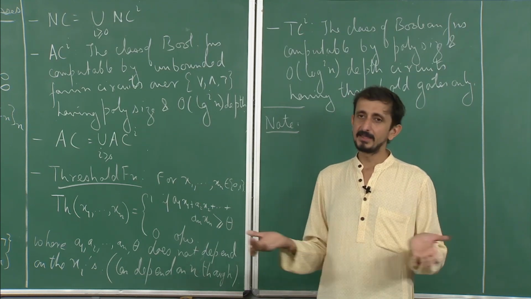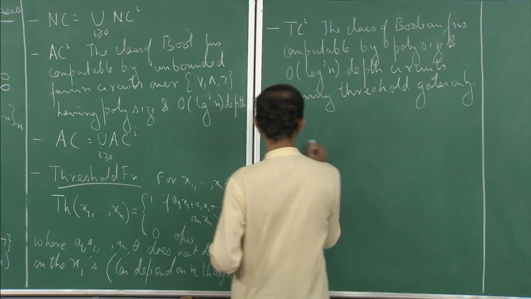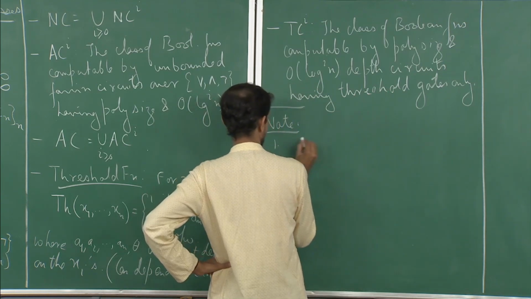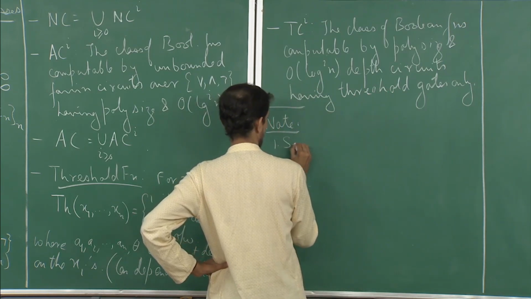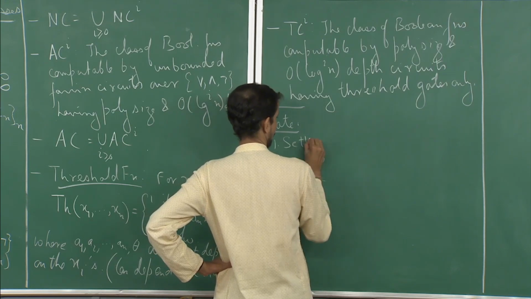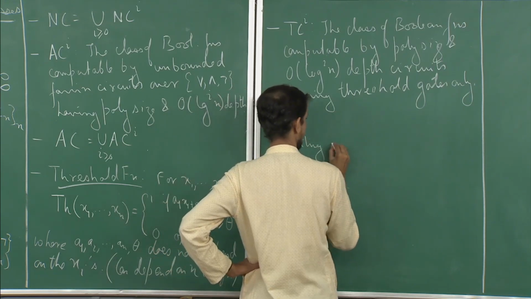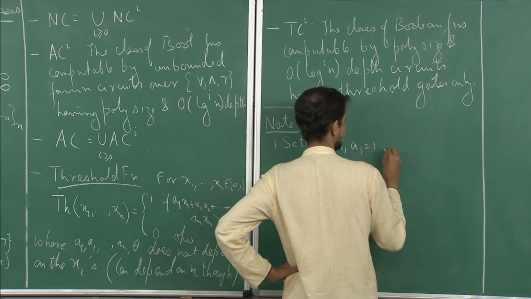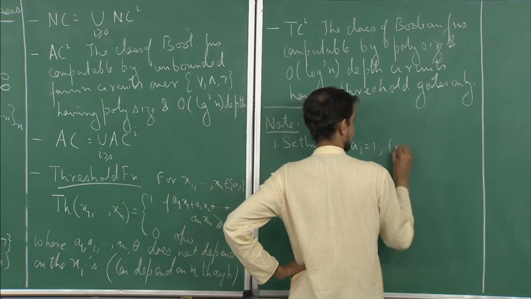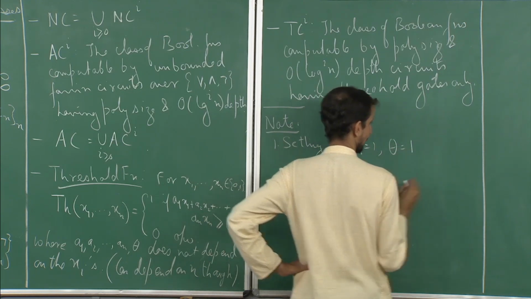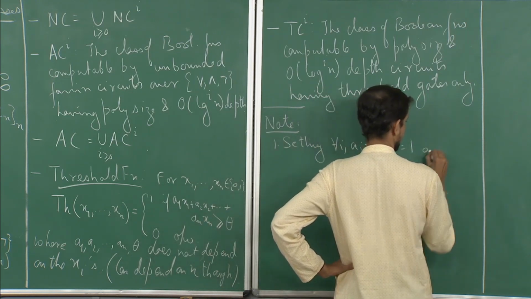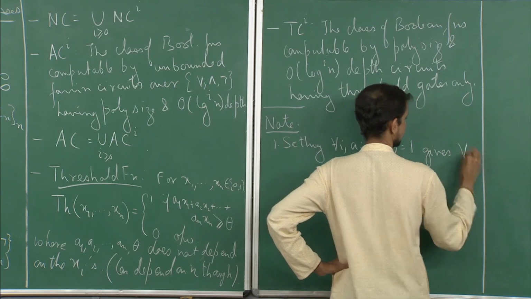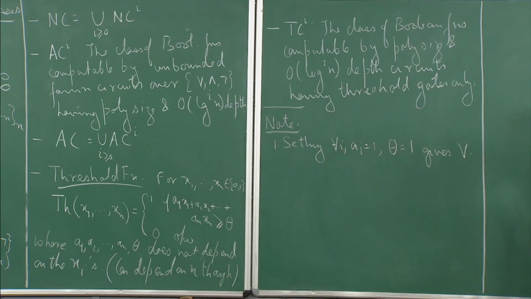Exactly. You take the ai to be 1 and theta to be 1. Setting for all i, ai equal to 1 and theta equal to 1 gives us the unbounded fan-in OR gate.